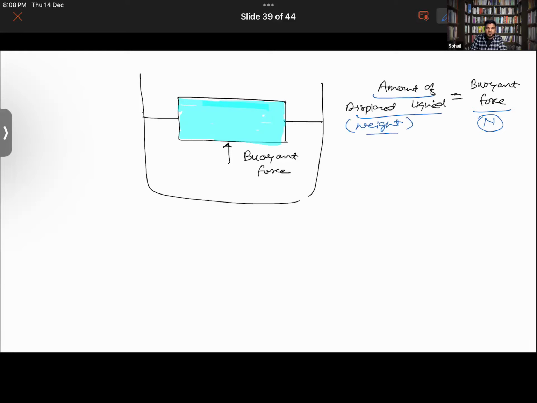If this buoyant force is equal to the amount of water displaced, then it will float. Or even if it is greater than the amount of displaced liquid, in that case also it will float. But if the weight here is more than the buoyant force, if the amount of water displaced is more than the buoyant force, then the body will sink. Hope everyone is getting this concept.